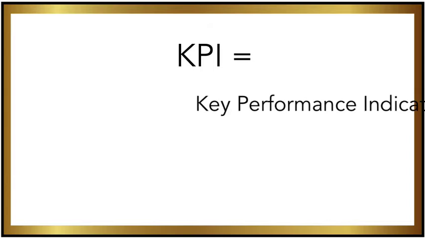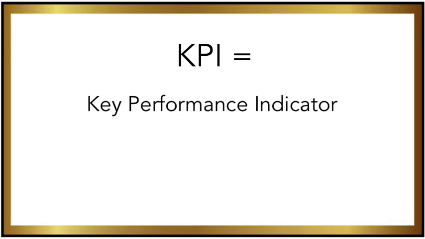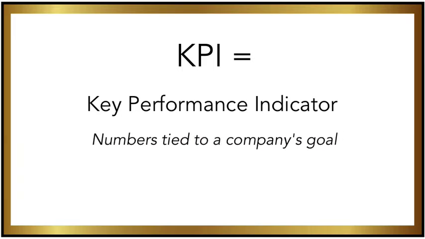KPI is an acronym that marketing strategists use that stands for Key Performance Indicators. In its most basic form, a marketing KPI is just a series of numbers that are tied to a company's goal. Many times, a leadership team will monitor the performance of these KPIs over time and use the information to adjust their plans, programs, and products to support and improve their overall strategic goals for the business.